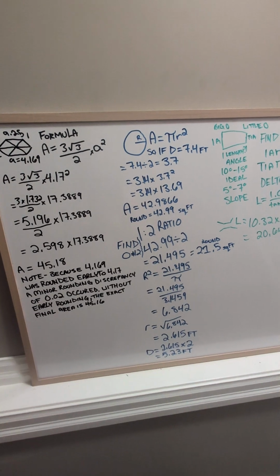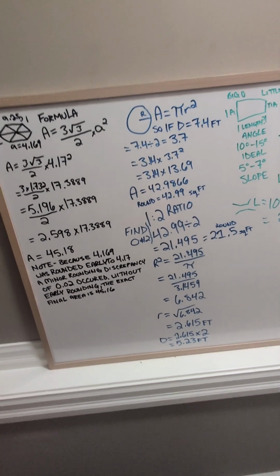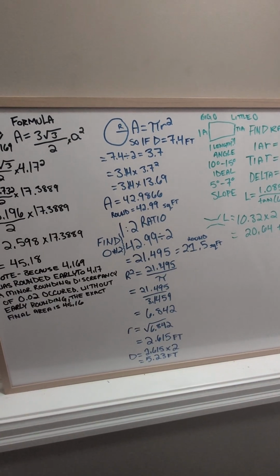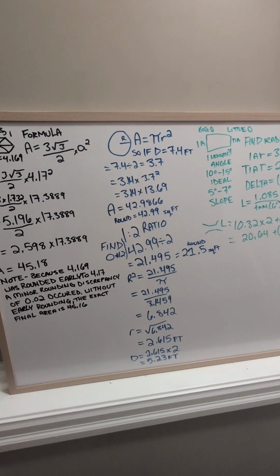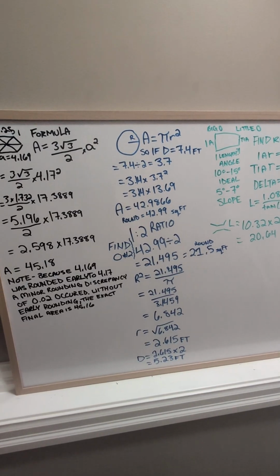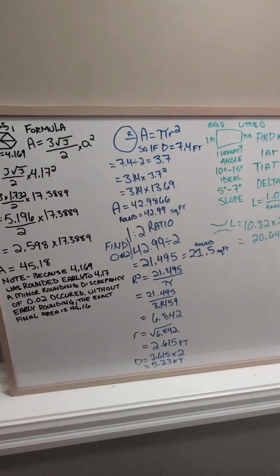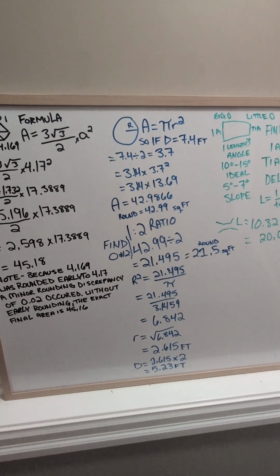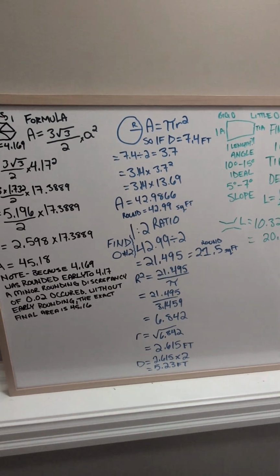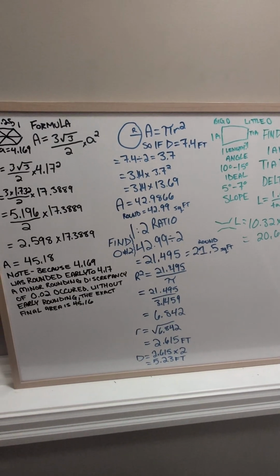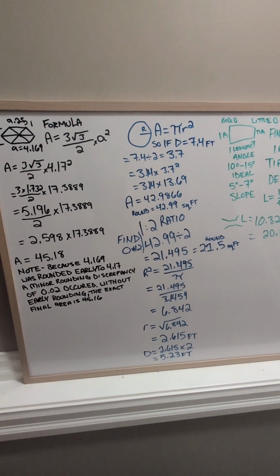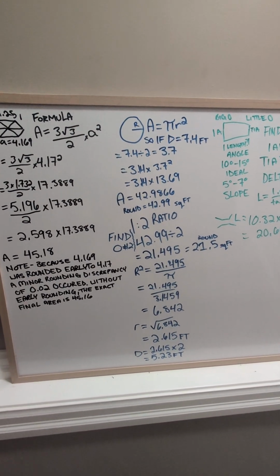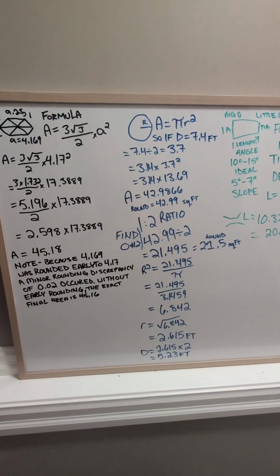So if the diameter is 7.4 feet, just to make sure that it fit relatively nicely into a shipping container, we divide that by 2, we get 3.7, and then we bring in pi, 3.14, and then we get 3.14 times 13.69, equaling an area of 42.9866, and then we'll just round that up. So that's our square feet.